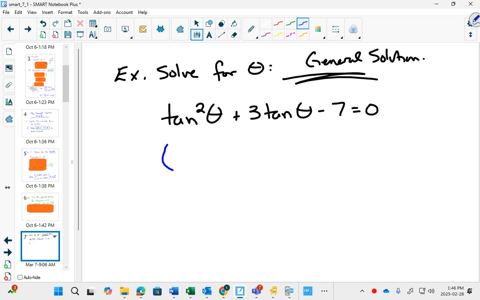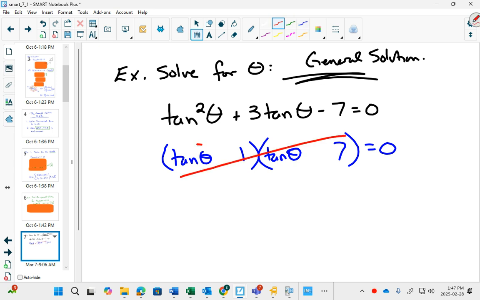So what I would probably think would happen first, you might be like, oh, maybe I can factor this. And if you try, this would have to be tan theta and tan theta. The only way to get 7 is 1 and 7. Does my outside and inside ever make 3? Oh, so what does it mean if you can't factor? We have to use the quadratic formula.